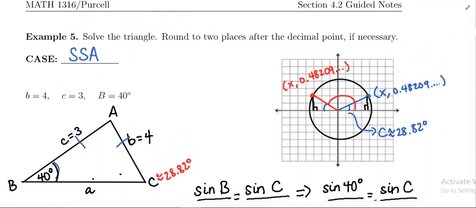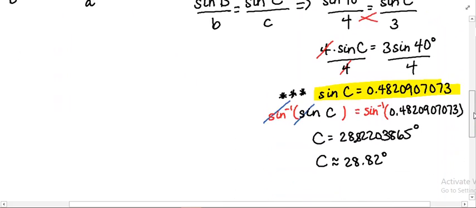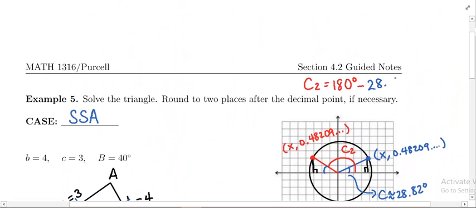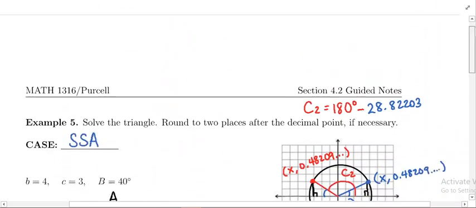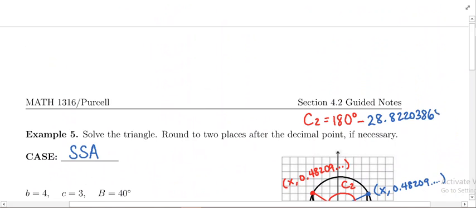So this angle C2, the potential second C angle, is going to be equal to 180 degrees minus the blue angle, which is 28.82203865.